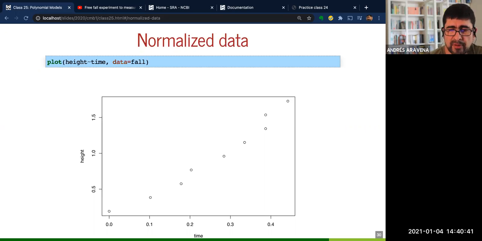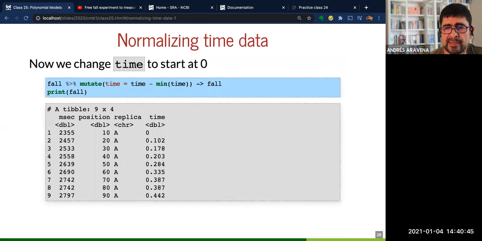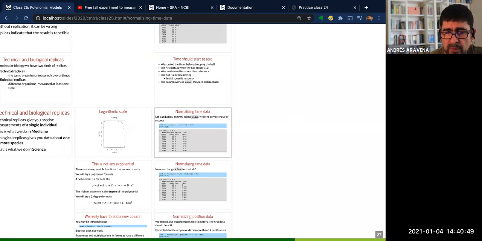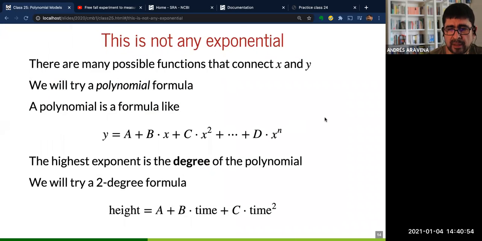And the other point is how we do these models, the polynomial models. We started last week with the linear model. In the morning, we saw the exponential and power law models that use logarithms.